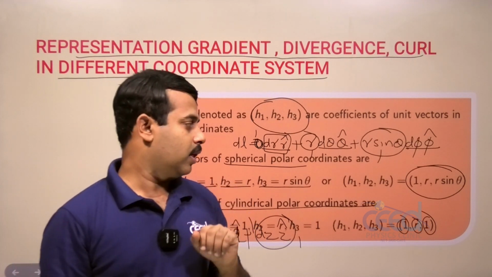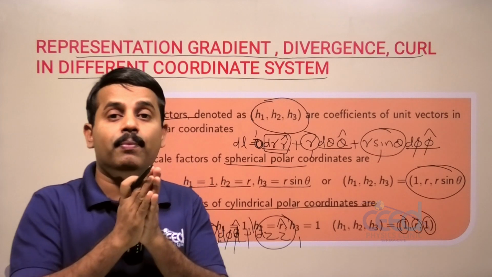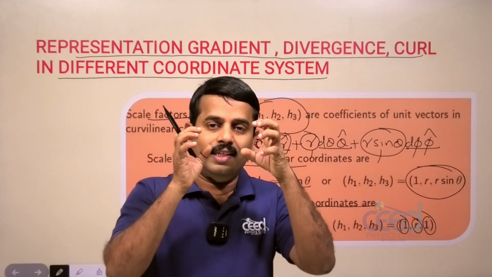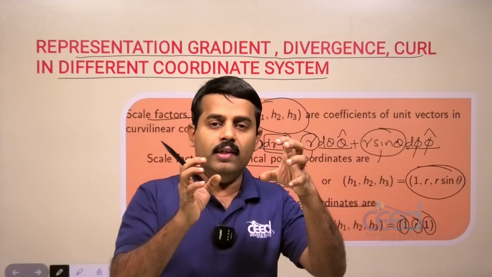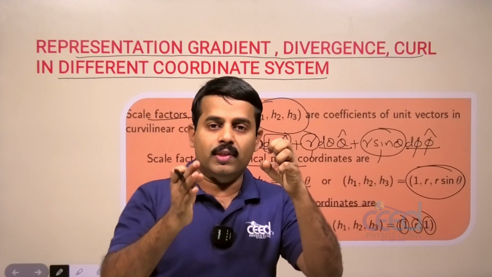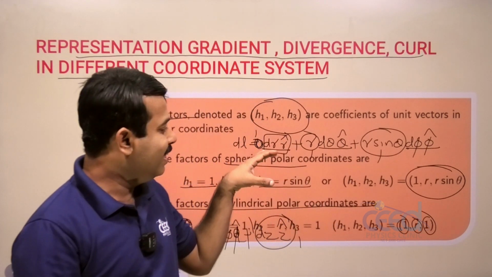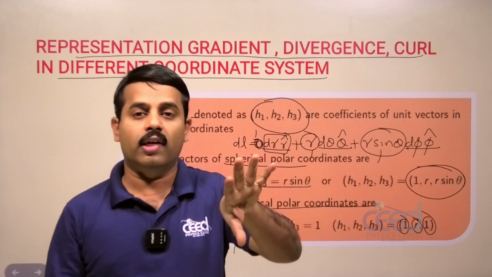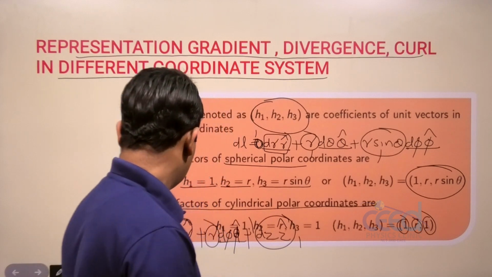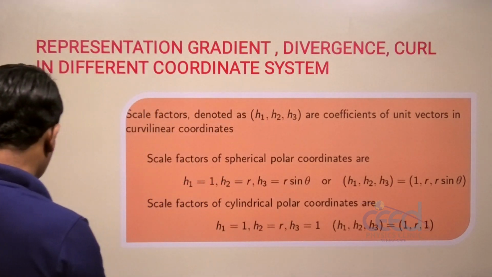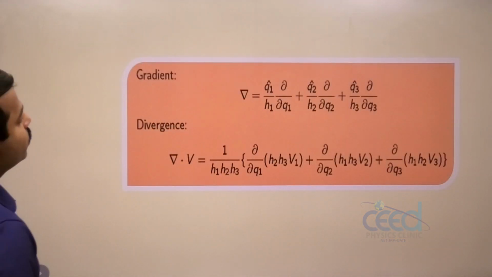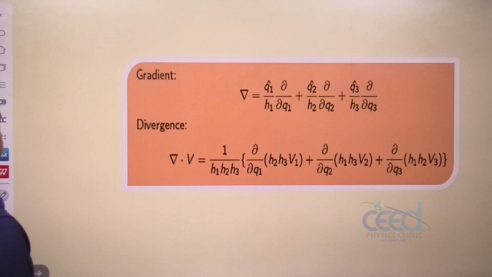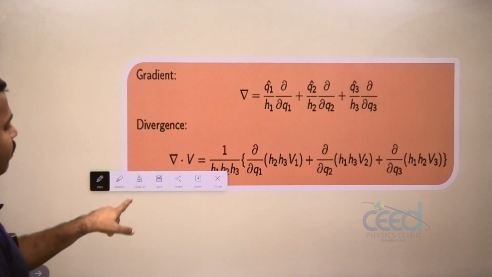Now, how do we represent divergence, curl, gradient and Laplacian operators in spherical polar coordinate system and cylindrical polar coordinate system? See here, very simple.